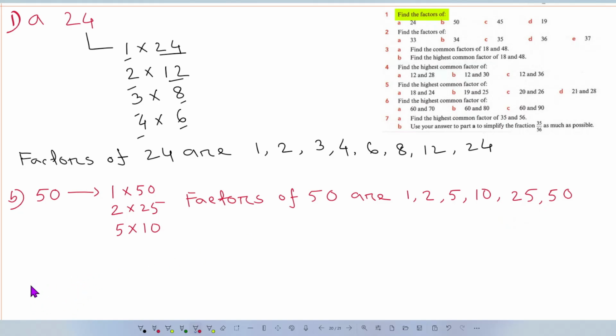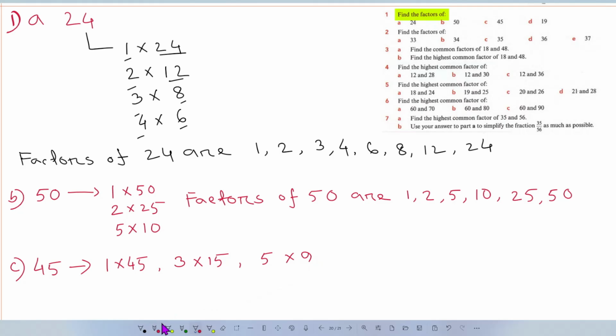Next, number C. We will find the factors of 45. 45 we can write 1 times 45, then 2 not possible, 3 times 15, then 5 times 9.